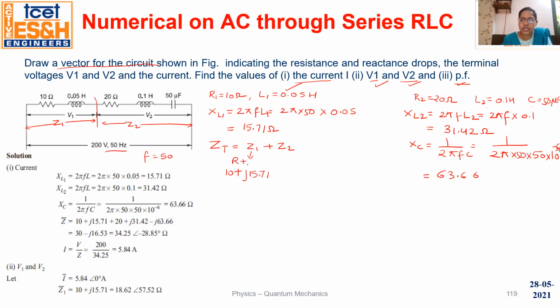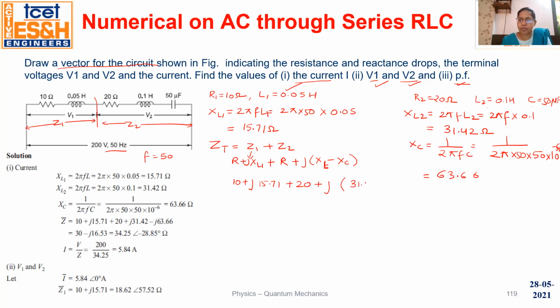It means R plus J XL1, plus R plus J (XL minus XC). In this case, XL is lower and XC is higher. Now we write this equation in terms of this. R is given as 10 plus J 15.71 plus 20 plus J.